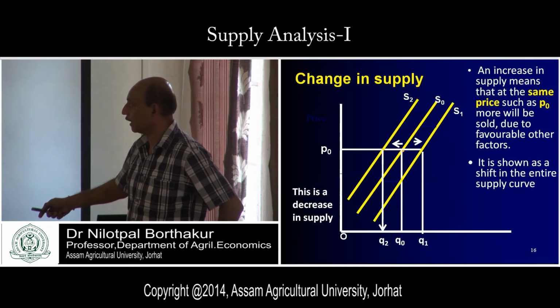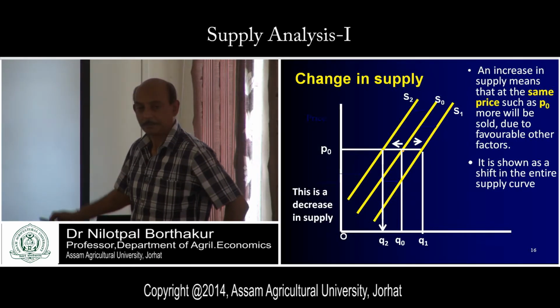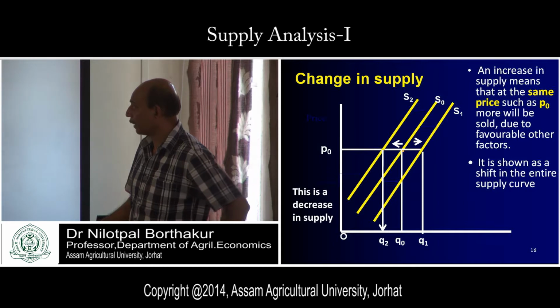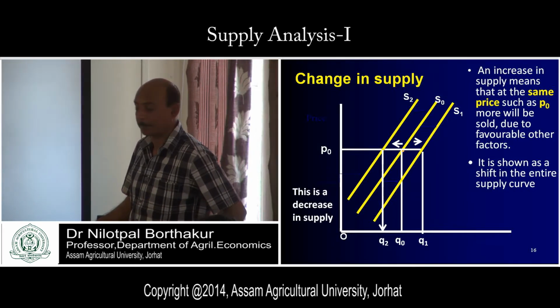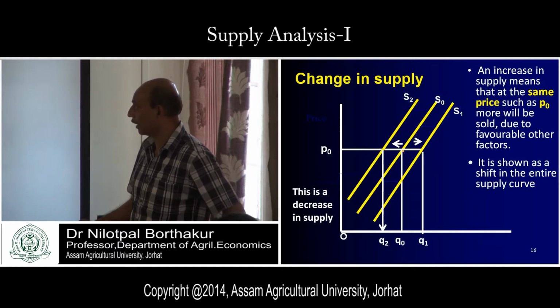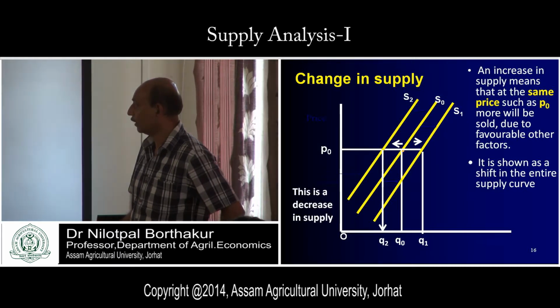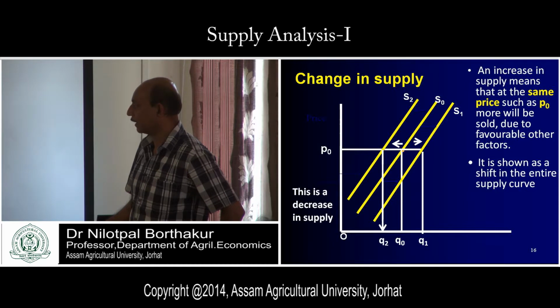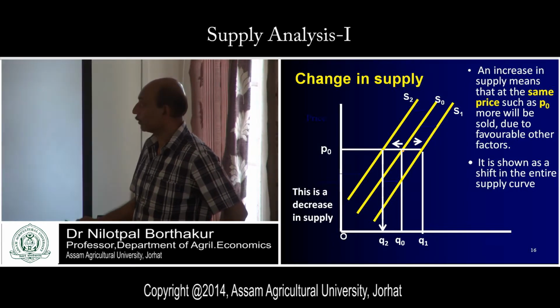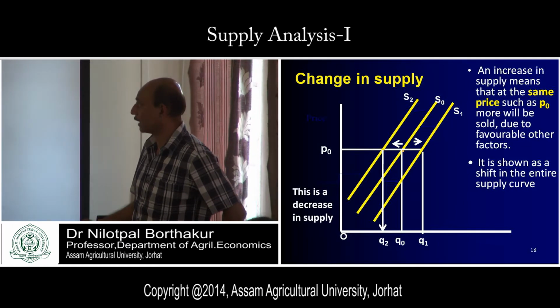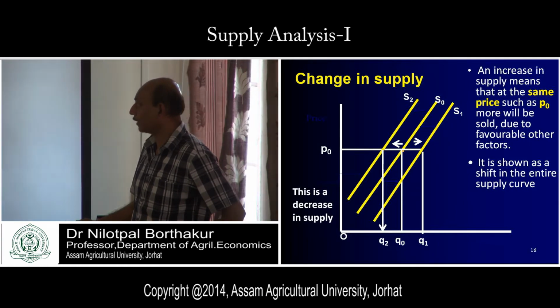This is the original supply curve. Now the condition becomes favorable. At price P0, there is no change in the price. Other conditions are favorable, so he sells more in the market. The quantity supplied increases from OQ0 to OQ1. So there is a new supply curve S1, which is to the right of the original one.